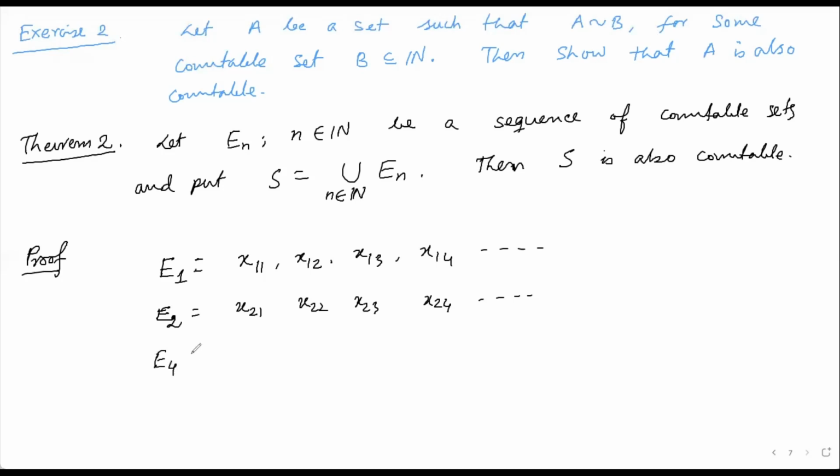Similarly, E3 is x31, x32, x33, x34, and so on. And E4: x41, x42, x43, x44.